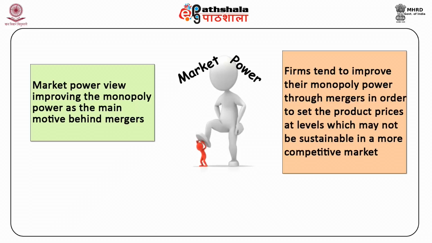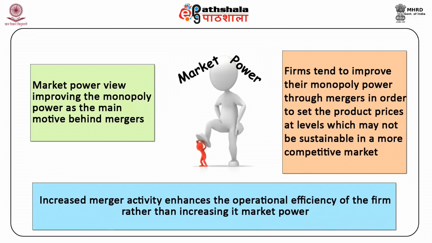However, the theory lacks proper evidence, although it is often cited as one of the motives for merger. There are several evidences supporting the view that increased merger activity enhances the operational efficiency of the firm rather than increasing its market power.